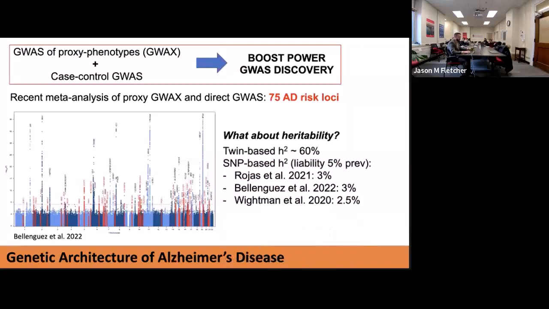Despite a twin-based heritability estimate of approximately 60%, these meta-analyses indicate very low common variant heritability after excluding the APOE region, with the most recently reported estimate of 2.5% coming from the largest GWAS on Alzheimer's disease. And this calls into question the continued discovery or understanding of the genetic architecture of disease.